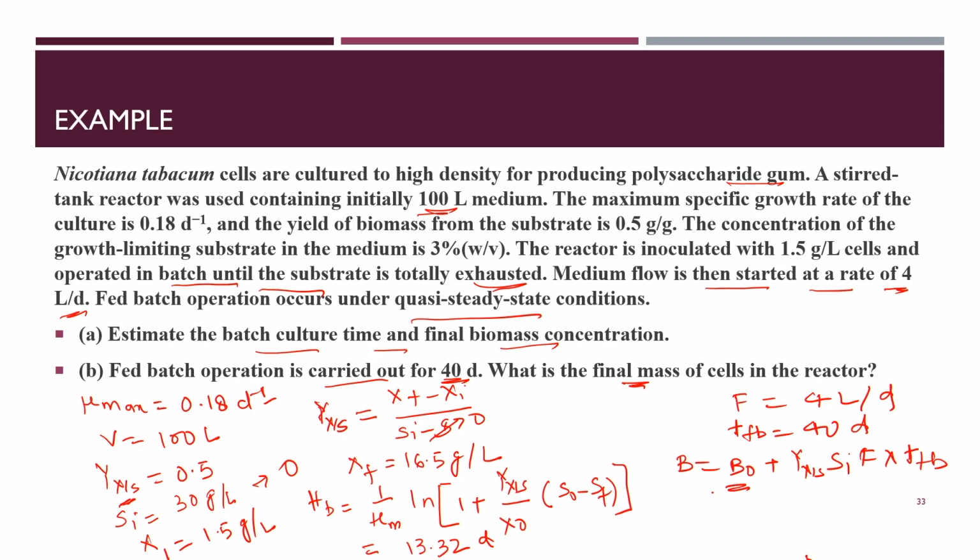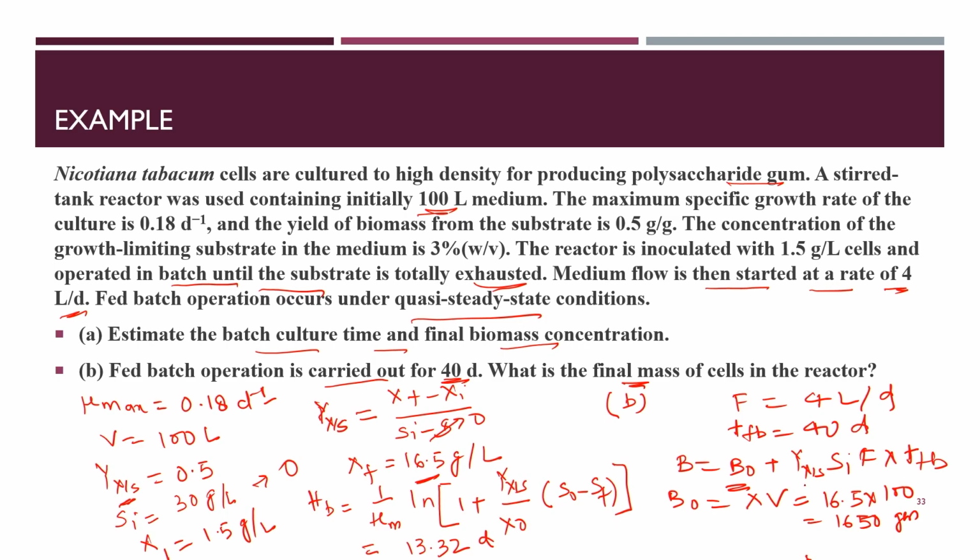What will be the B naught? B naught will be x into V. What was the value of x we got? 16.5, and the volume is 100. So it says 1650 gram.